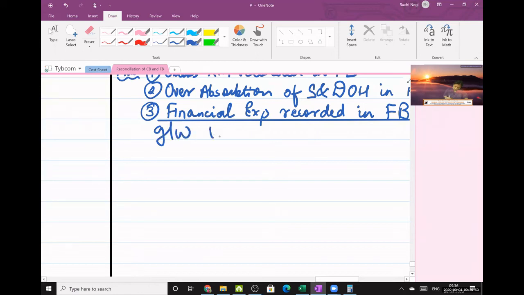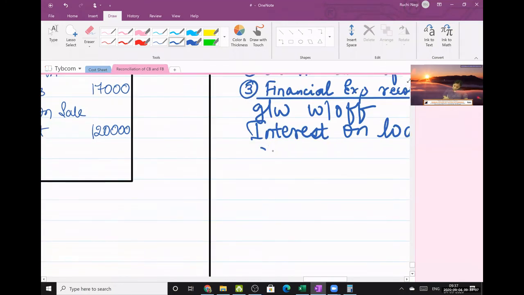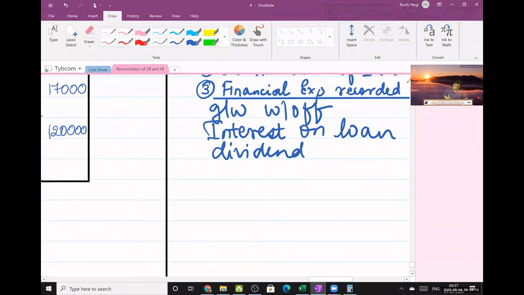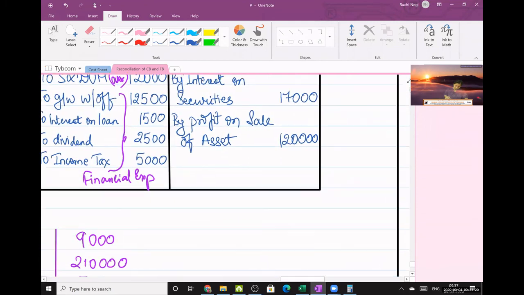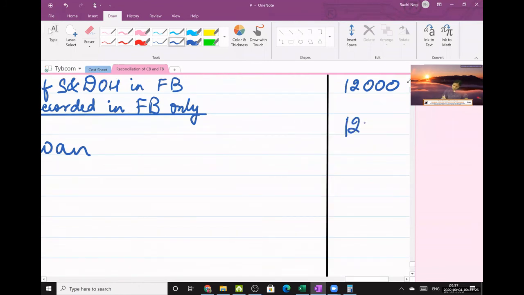Goodwill written off, interest on loan. Next, dividend. Next, income tax. 12,500, 1,500, 2,500, and 5,000. Right here. 12,500, 1,500, 2,500, and 5,000.